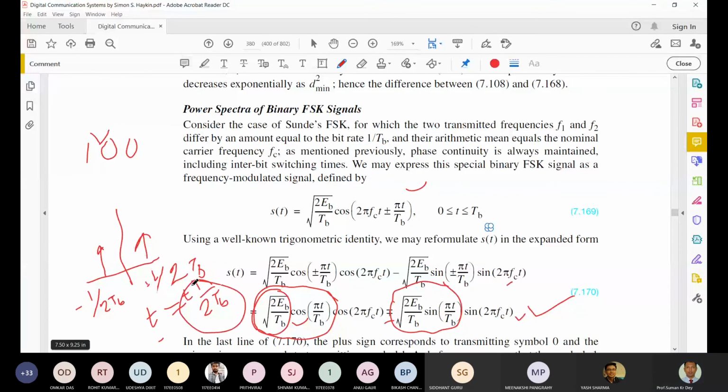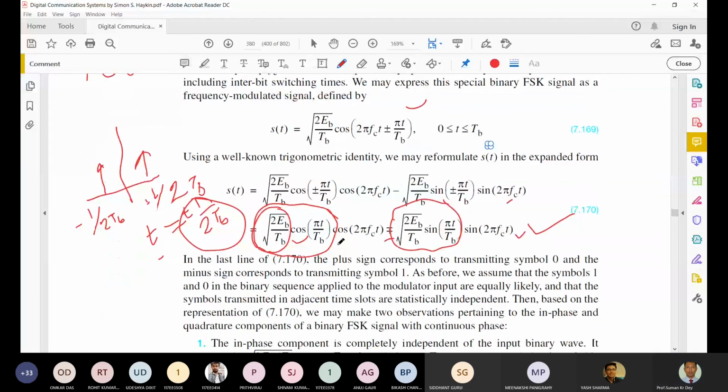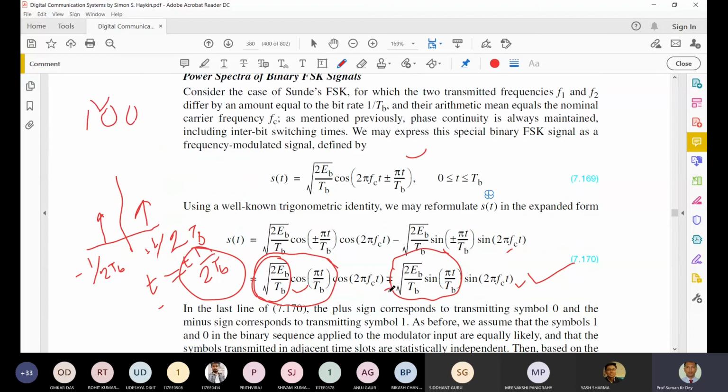Okay. So now for the quadrature component, if we directly relate it to the input binary sequence, the quadrature component is related to whatever binary sequence we send, because there is a plus minus sign, and the plus minus sign depends on which bit was sent from the transmitter.